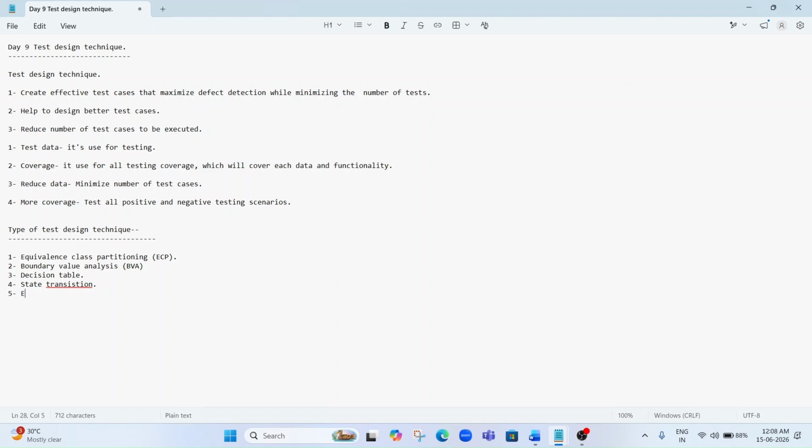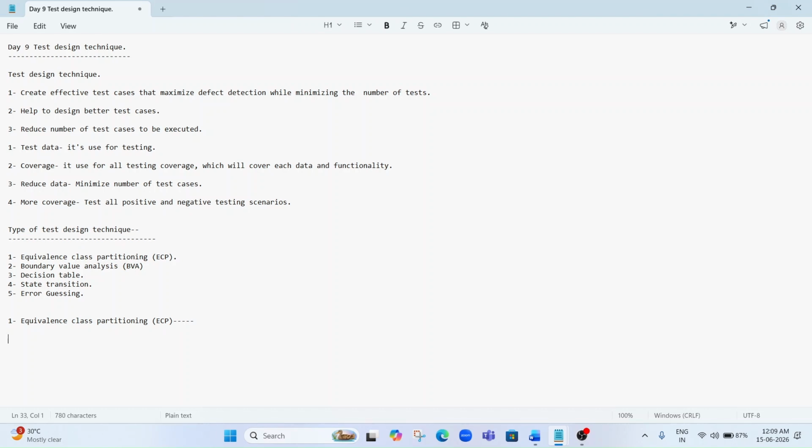Fifth is error guessing. We will cover all five types with examples, equivalence class partitioning, boundary value analysis, decision table, state transition, and error guessing, so that testers who are preparing for interviews can enhance their knowledge.